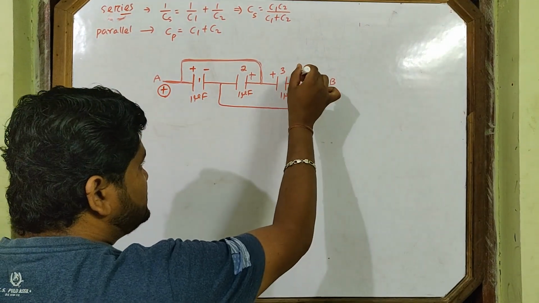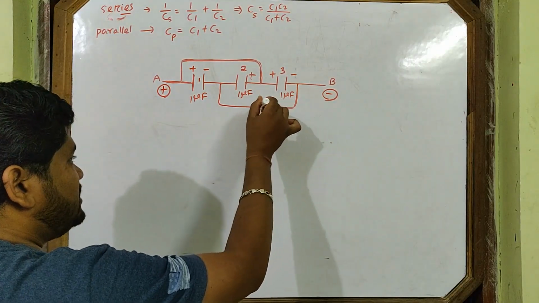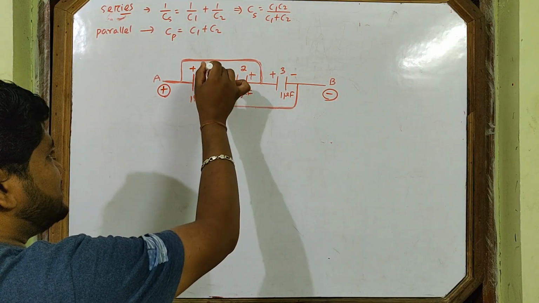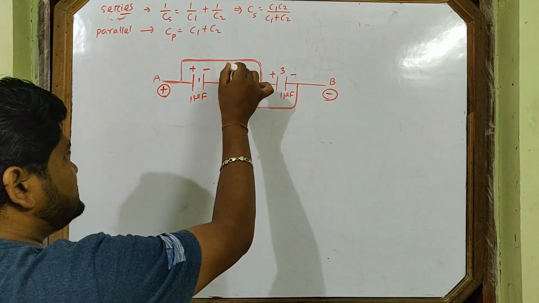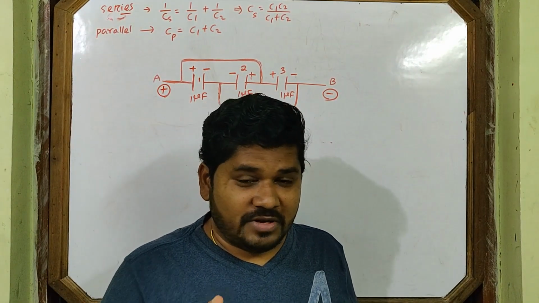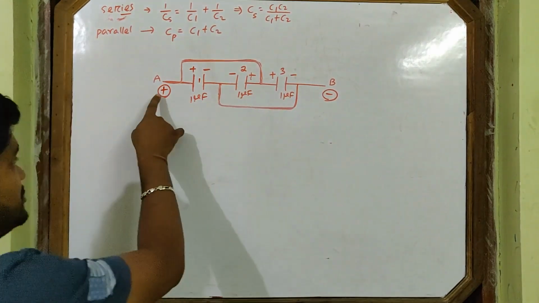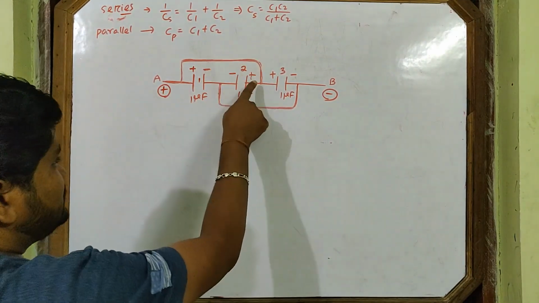This is negative, so this is negative, and the same negative wire is going, so this is negative, and this is negative. I hope you can understand how I make the plates positive and negative. Positive goes like this, so it is positive.